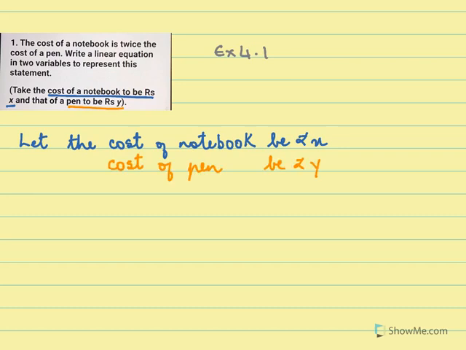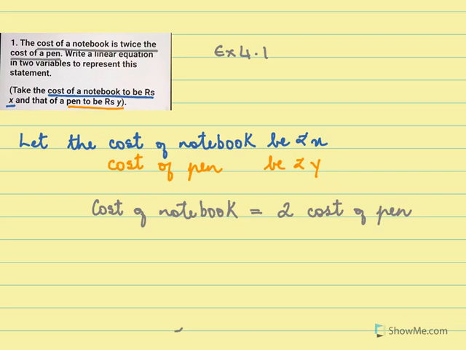Now they have given that cost of notebook is twice the cost of pen. So that is a statement, that's a condition given. So I'll write cost of notebook equals twice, means 2 times cost of pen.